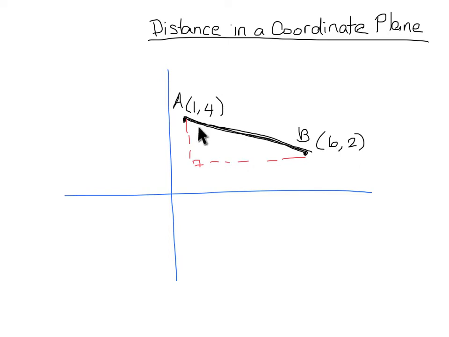So as we know, we can just subtract those coordinates, and we get that the length here of the base is 5. Similar idea, going from B vertically up to A, we're going from 2 up to 4, so the height of our triangle from 2 to 4 is 2. So we just subtracted those values.